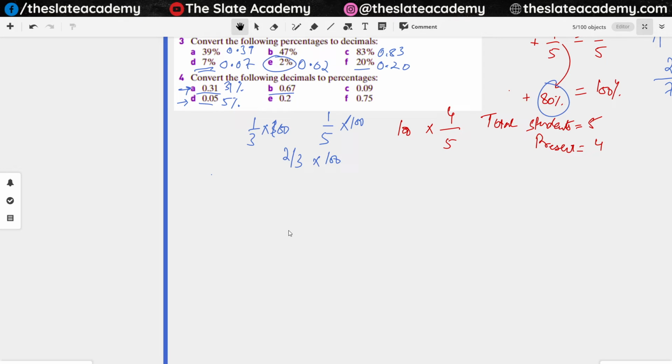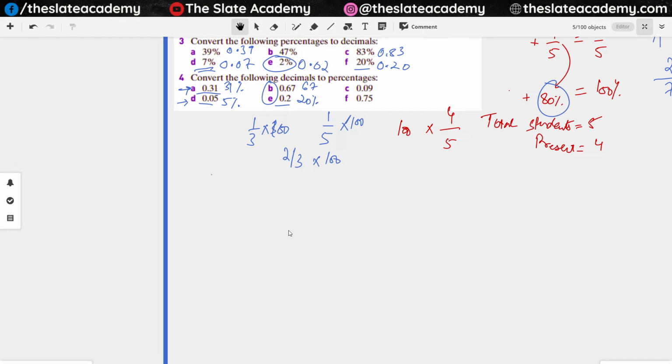Part B and E, 0.67 and 0.2. 67%. Excellent. And what would be 0.2 as a percentage? Excellent, very good.